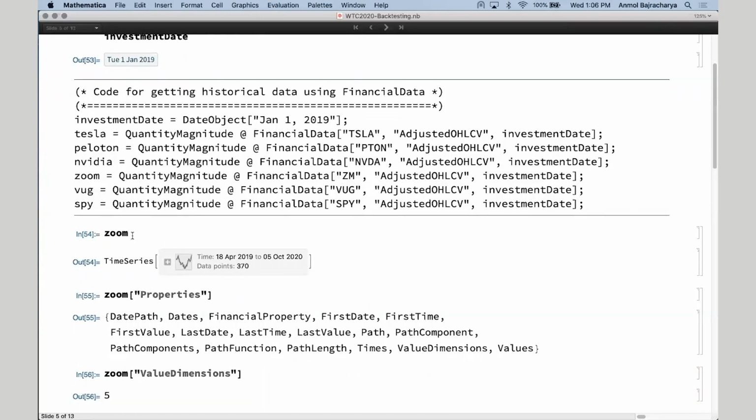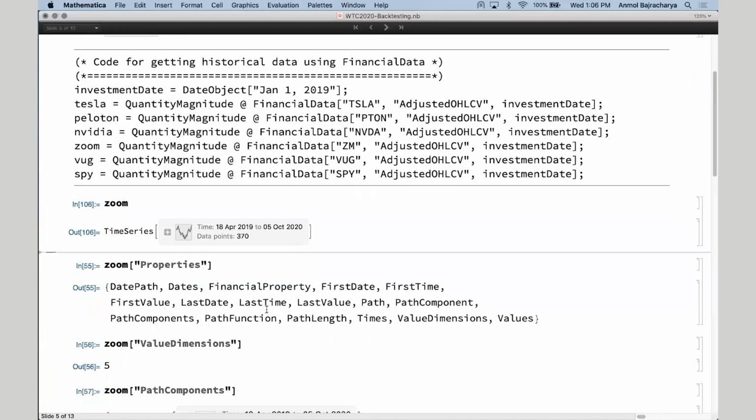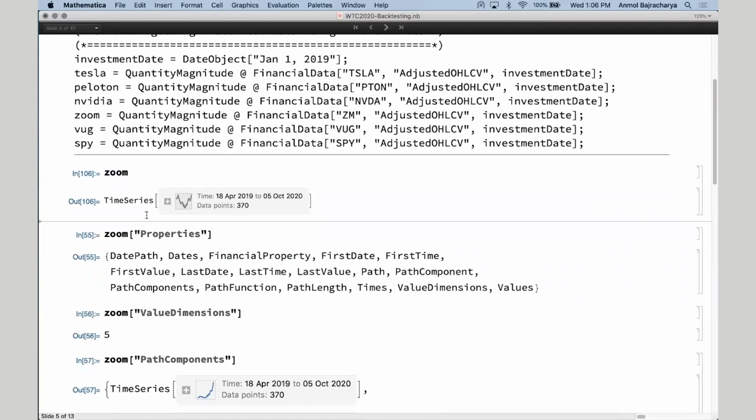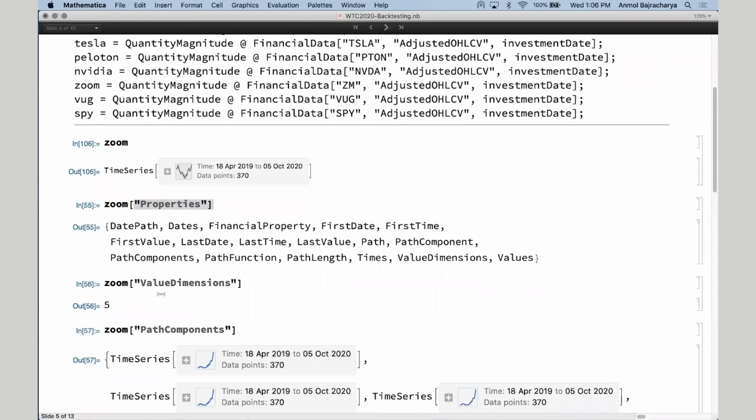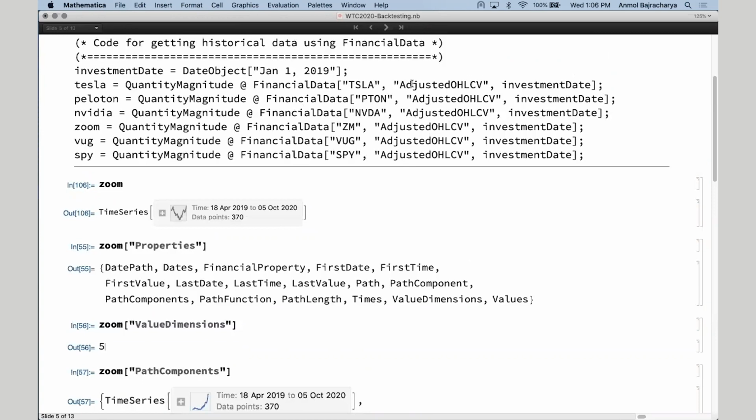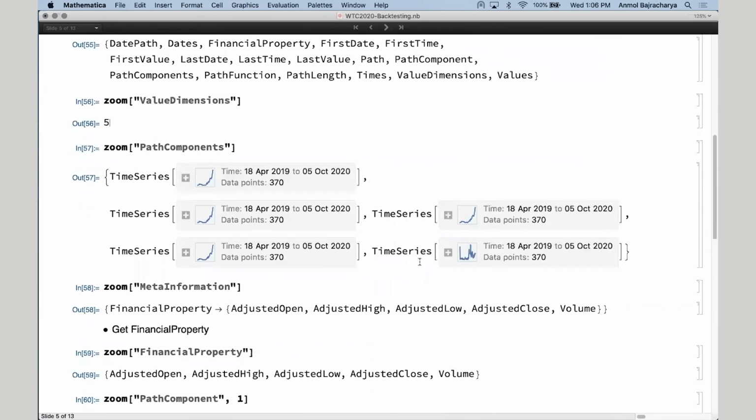Here, when you evaluate Zoom, it is a time series, and you can access the various properties available in this time series by using these properties. The value dimension is 5. When we download adjusted open, high, low, close, we get open, high, low, close, and volume.